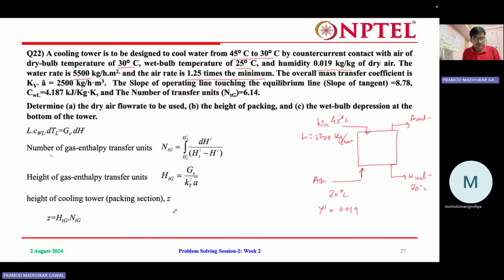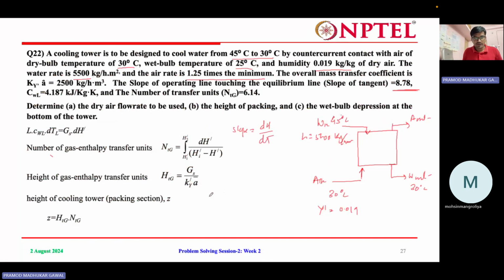Here the slope is given, 8.78. So the slope is dH by dT.